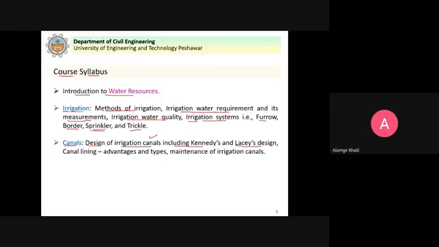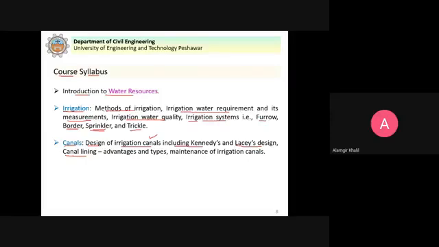We will also try to study about the irrigation canals, because the canals can be erodible and non-erodible. So we will try to cover both types. We will study about the canal lining, because the water that is carried in a canal can infiltrate into the earth, soil, so water is lost.